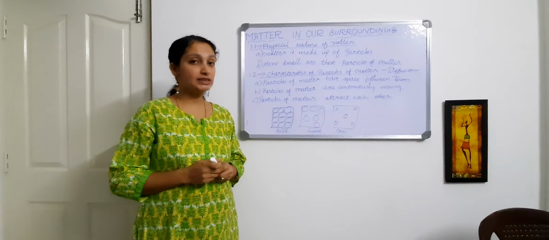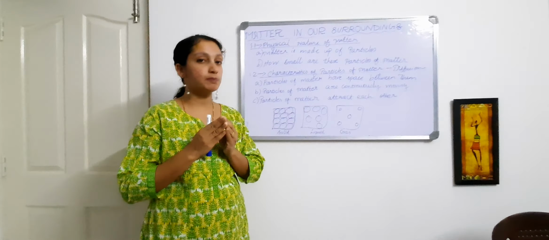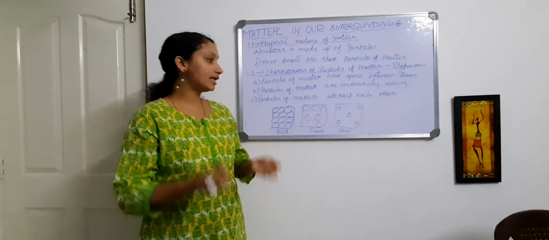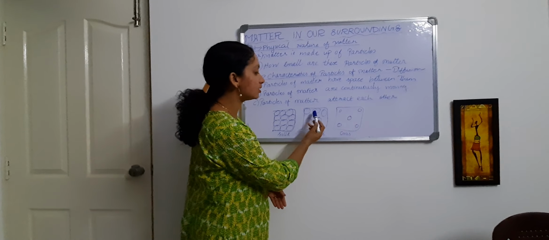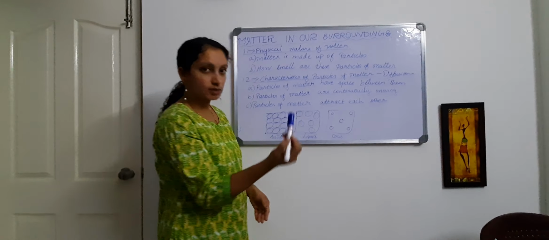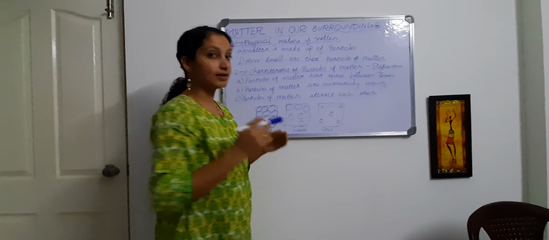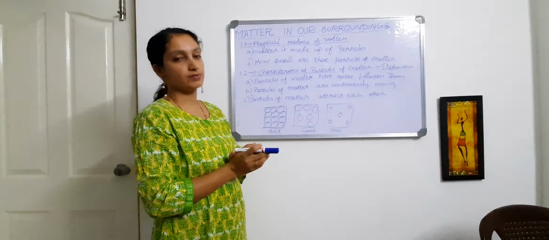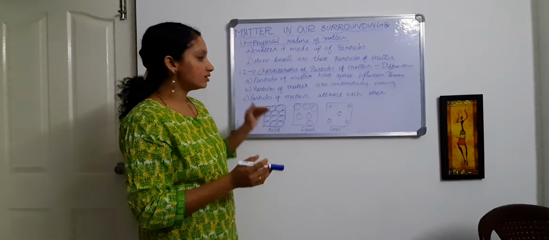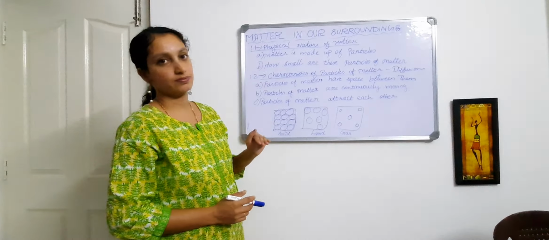In a solid, it is tightly packed, with very little or no space between the particles. In a liquid, there is some space between the molecules. The space is called intermolecular space, and in a gas, there is more space between the particles. This is the main basis for doing these activities.